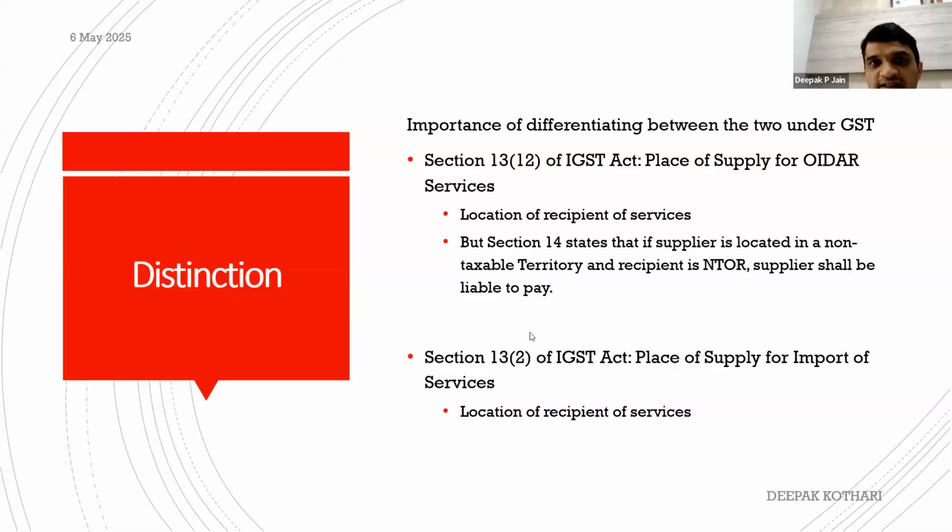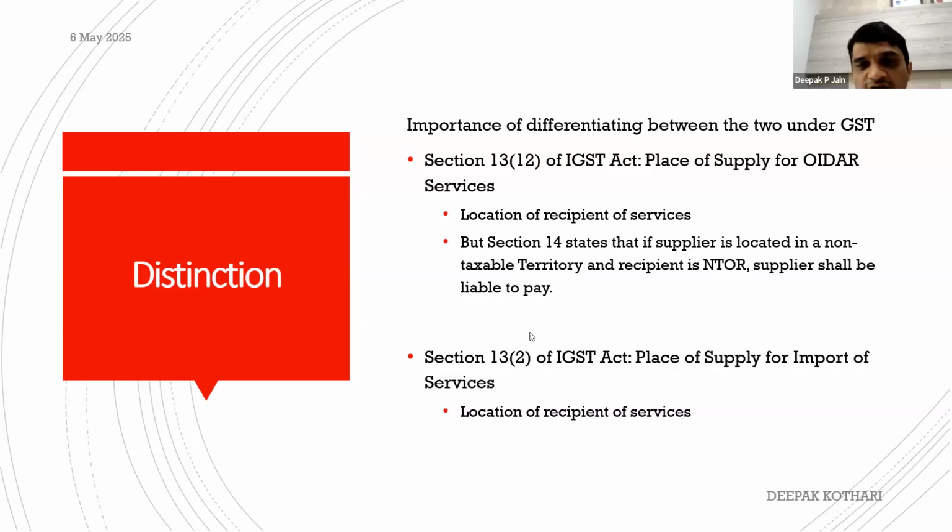But for OIDAR services, there is a special section, section 14, which says that if the supplier is located in a non-taxable territory and the recipient is a NTOR, which means he is a non-taxable online recipient, then the supplier shall be liable to pay the tax on that transaction. So the supplier shall be liable to pay tax provided the recipient is a non-taxable online recipient.